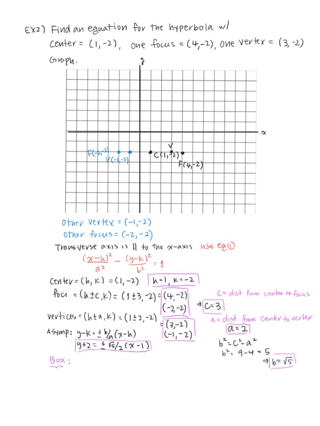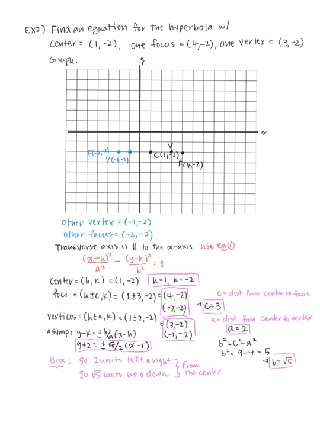And since the value of b was the square root of 5 and b squared was 5, we need to go square root of 5 units up and down.